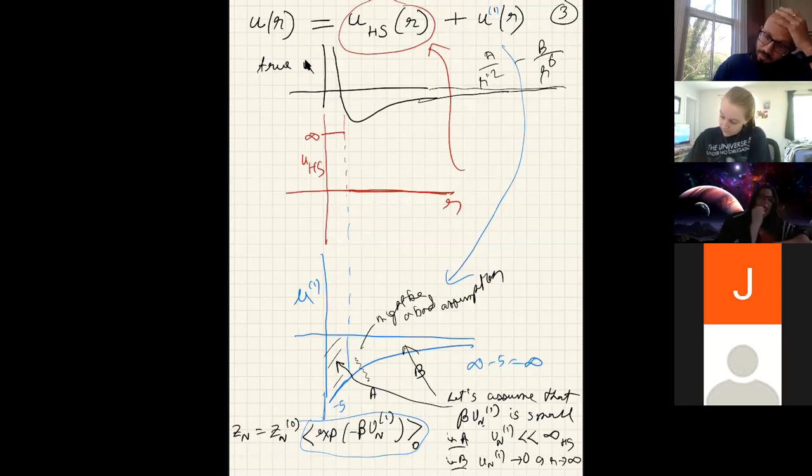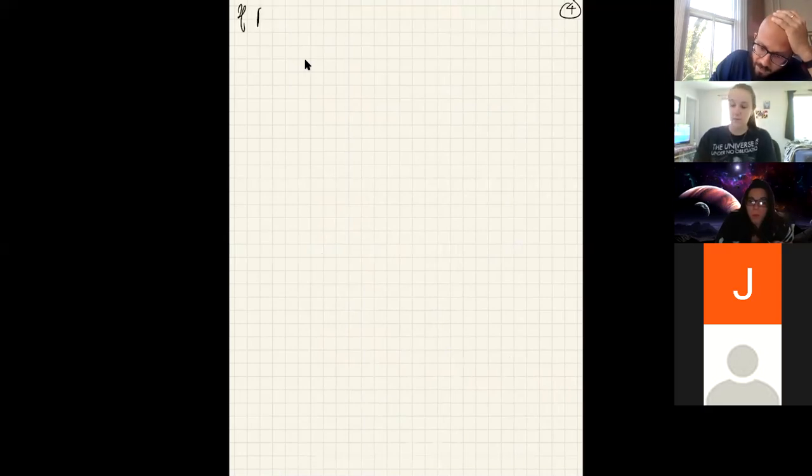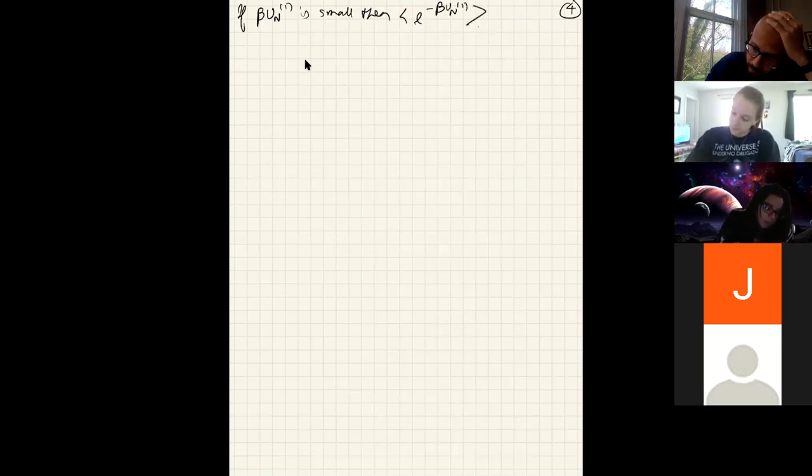So now we can do something with it since we have this assumption. If beta un1 is small, then we can say that e to the power minus beta un1, calculated in the original ensemble, can be approximated as 1 minus beta un1 in the original approximation.